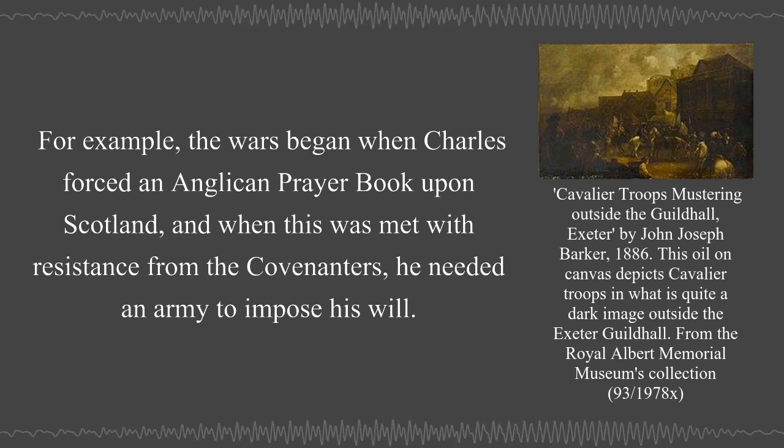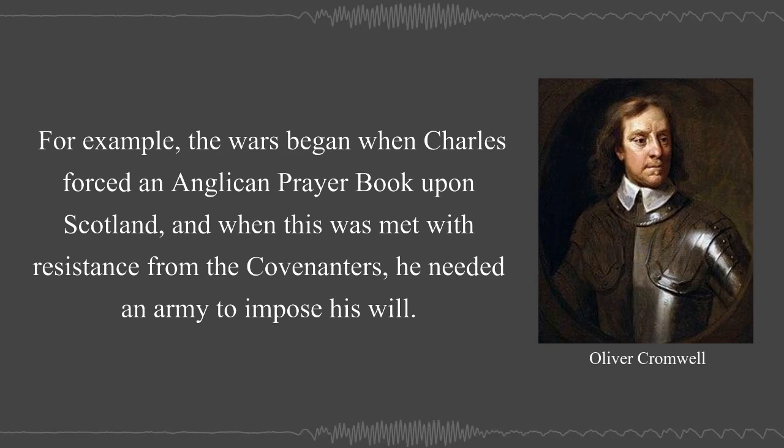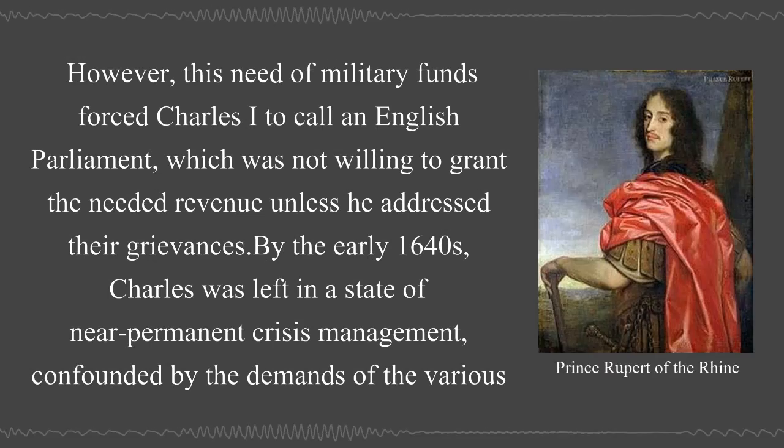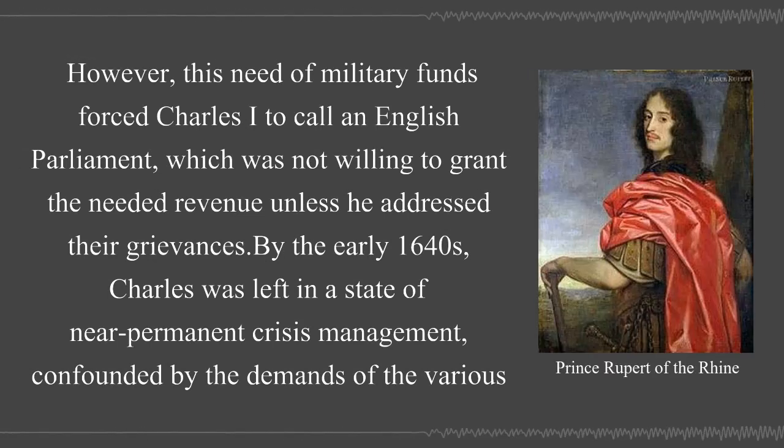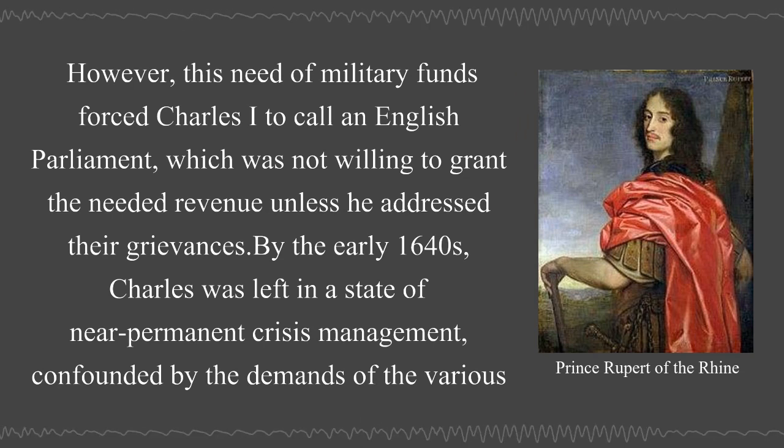For example, the wars began when Charles forced an Anglican prayer book upon Scotland, and when this was met with resistance from the Covenanters, he needed an army to impose his will. However, this need of military funds forced Charles I to call an English Parliament, which was not willing to grant the needed revenue unless he addressed their grievances.